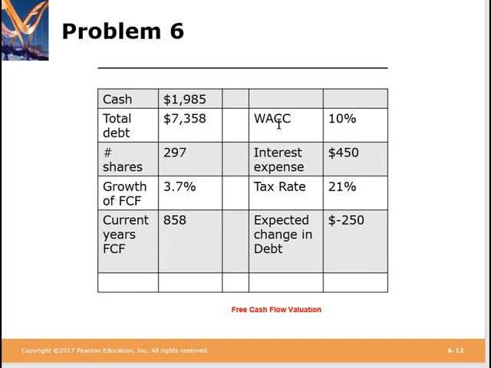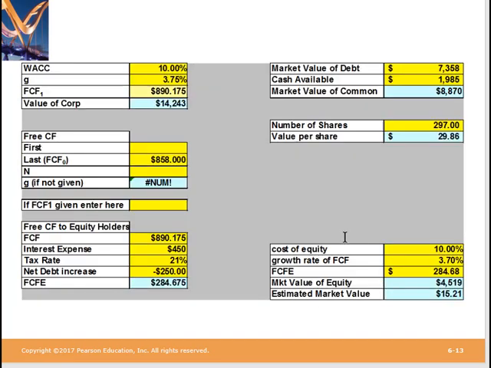We could find the weighted average cost of capital from the website called wacc.com. The interest expense, the tax rate, we expect to have a change in debt of negative 250. So all of this data is then incorporated into the free cash flow model.